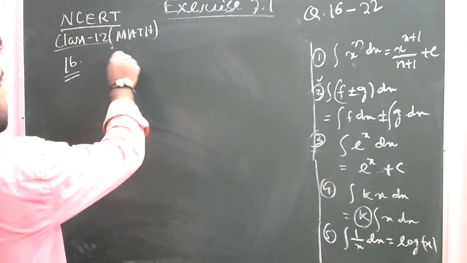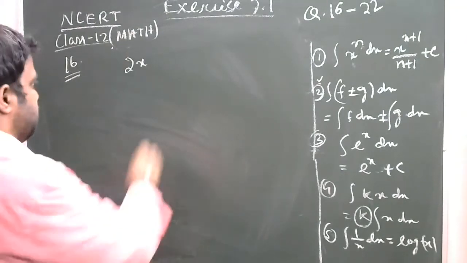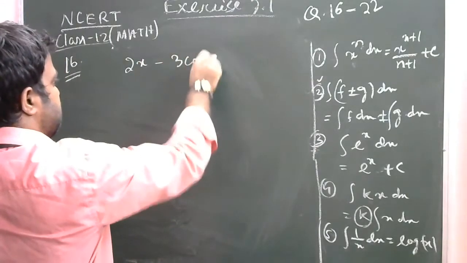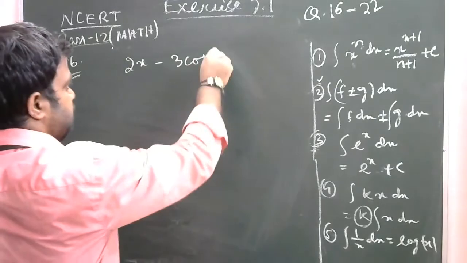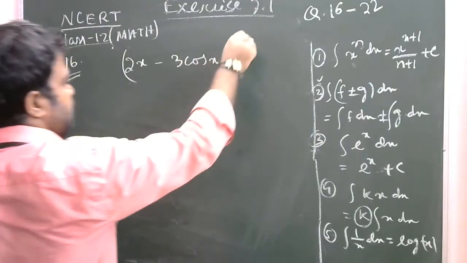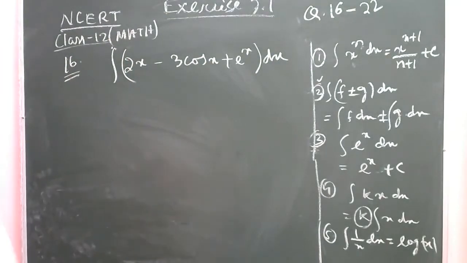Question number 16: integral of 2x minus 3 cos x plus e to the power x dx. An easy question.